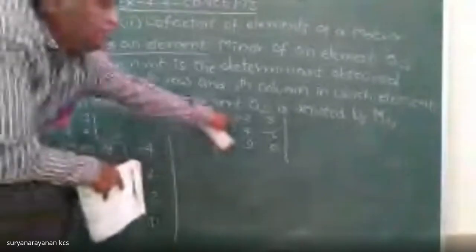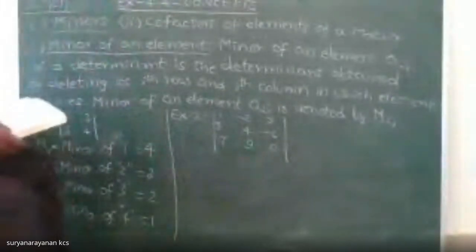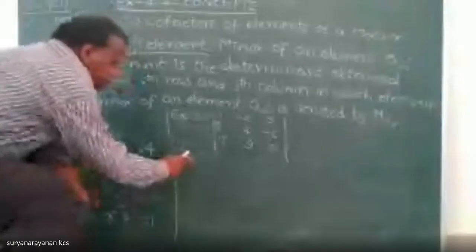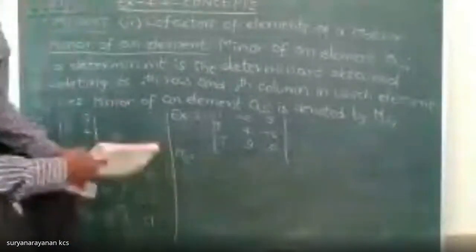The matrix is 1, minus 2, 5, 8, 4, minus 6, 7, 9, 0. How many elements are there? 9, sir. Yes. M11 denotes the minor of the element which lies in the first row, first column.